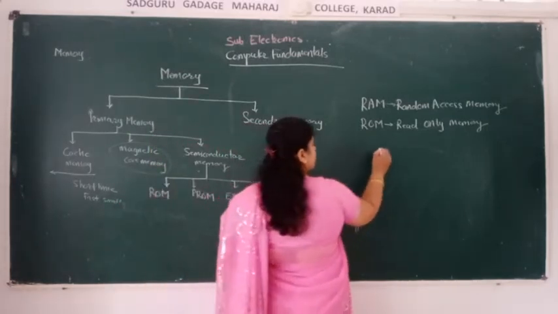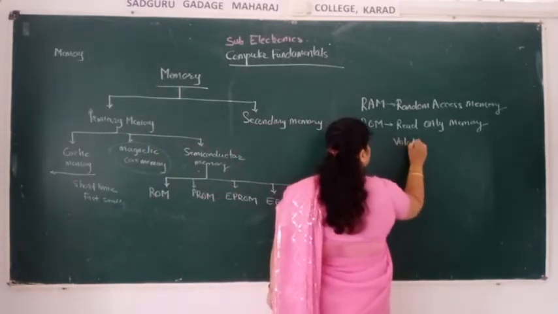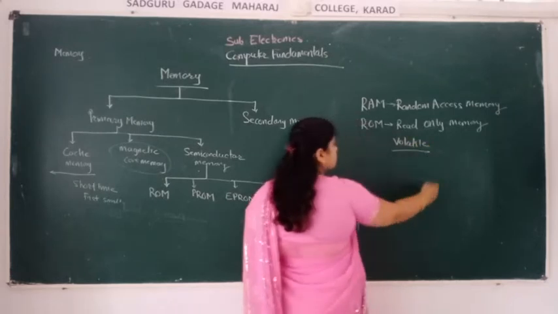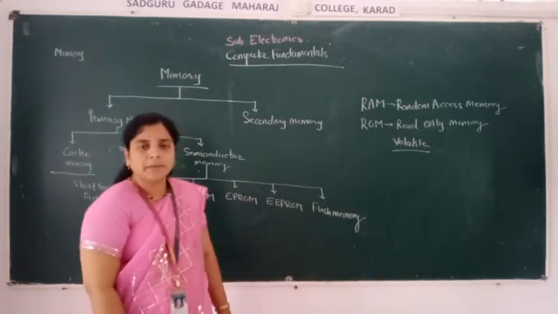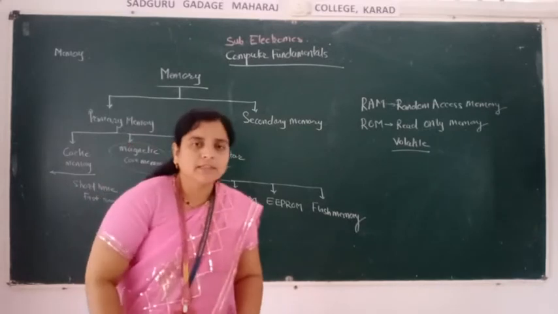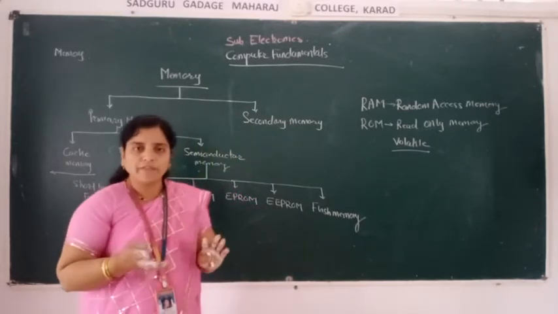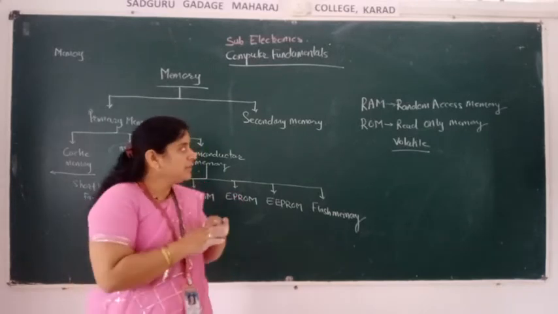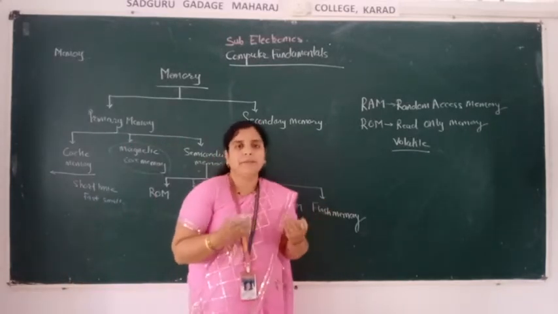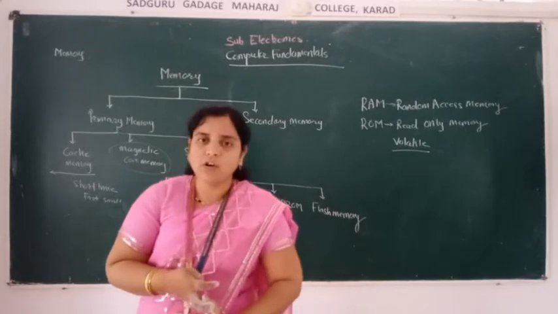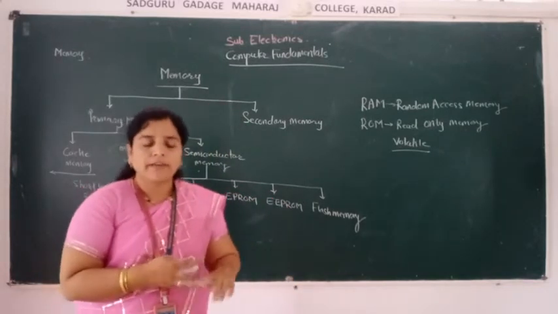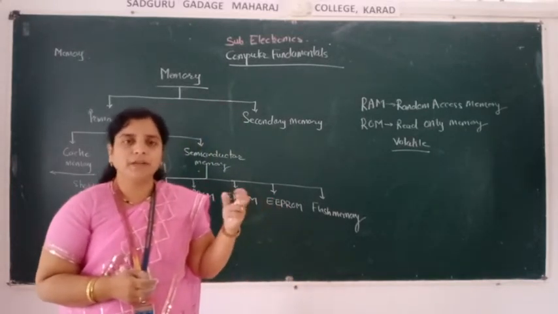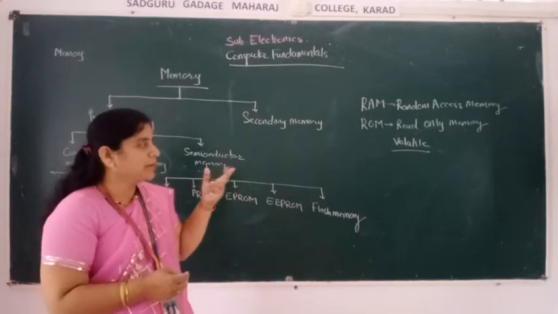Which type of memory is it? Volatile. What does volatile mean? Whenever the light goes off and your computer is turned off, whatever is there in the ROM will fail or will not be displayed to you. When the computer is turned on again, that memory will be gone.